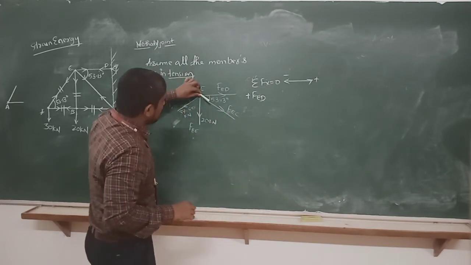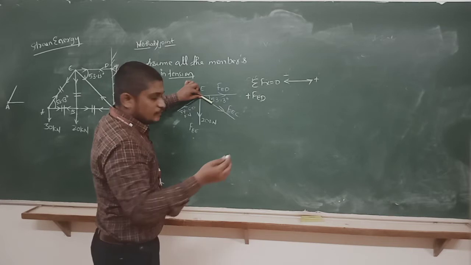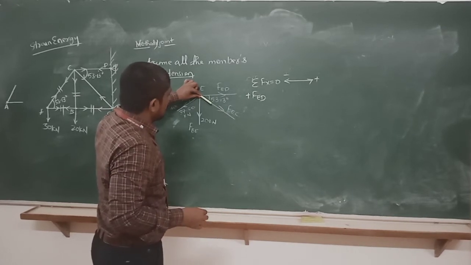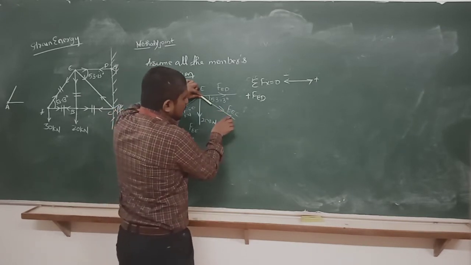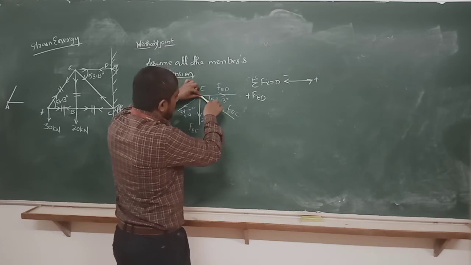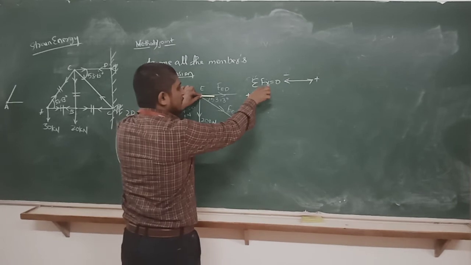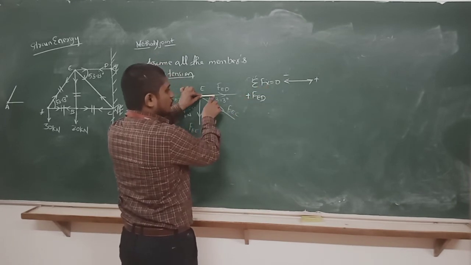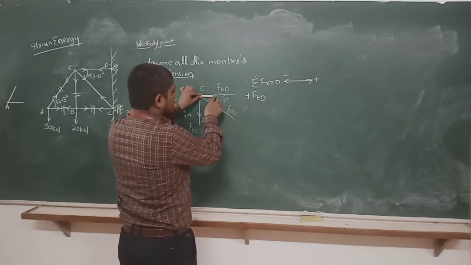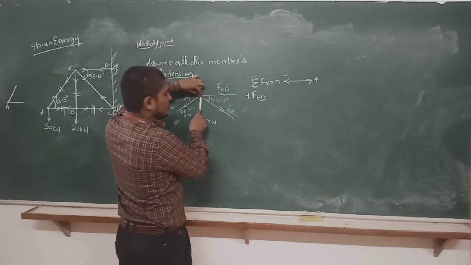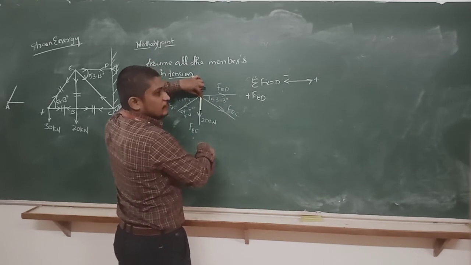Always when you take this, you can keep a pen or any stick here. This inclined force can be made once vertical, once horizontal. When you consider Fx, you consider the horizontal resolved force. When you consider Fy, you consider the resolved vertical force.